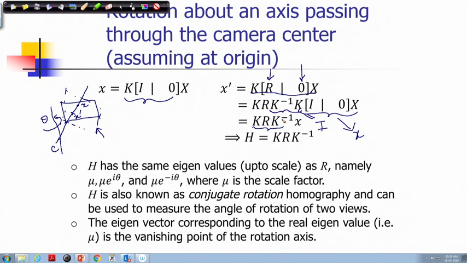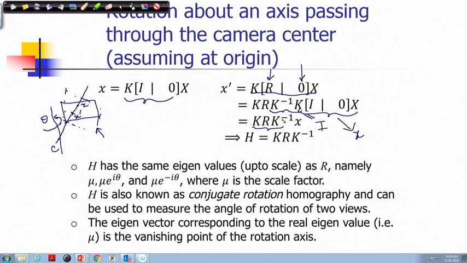There are certain interesting properties of this homography matrix, because the rotation matrix has an interesting property. First, it has the same eigenvalues as the rotation matrix, and the eigenvalues of a rotation matrix are well defined because of the particular structure of the rotation matrix, which rotates by an angle theta about an axis.